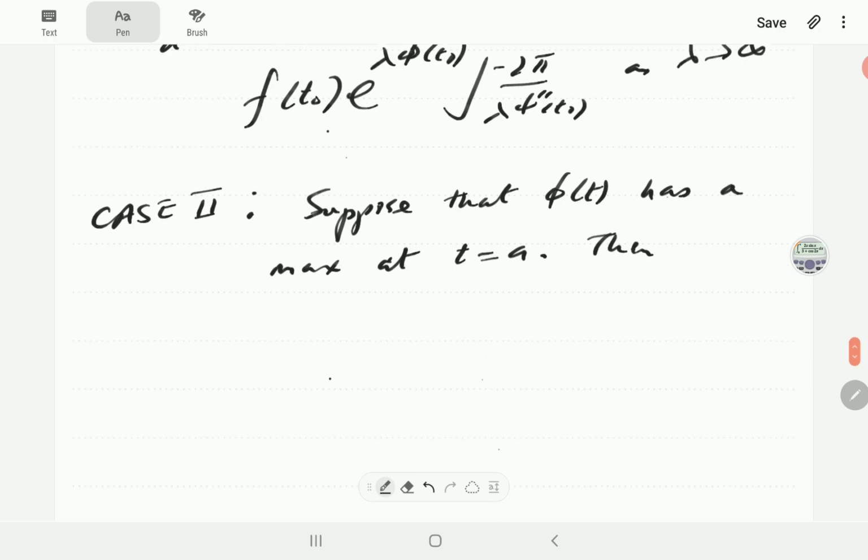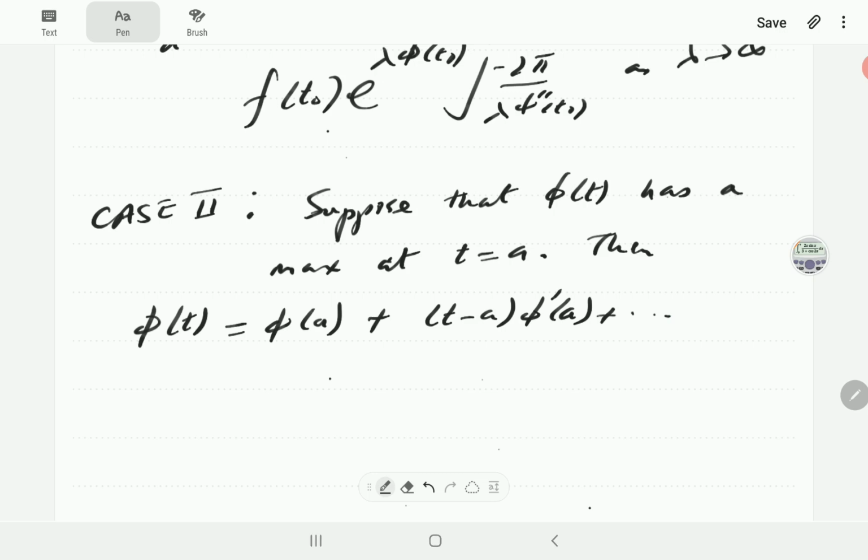Then if we expand this in a Taylor series around the point a, these are the first two terms that we are going to have, t minus a phi prime at a.